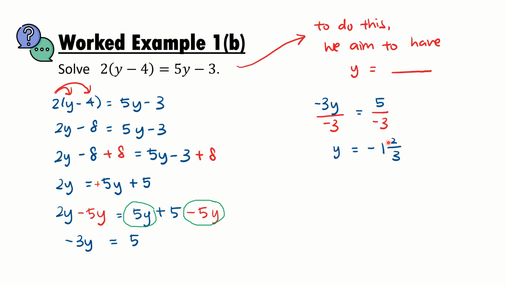That can be achieved by simply pressing a calculator as well, where I can key in the fraction or just type 5 divided by negative 3. Therefore, we have arrived at the answer, which is y equals negative 1 and 2/3.